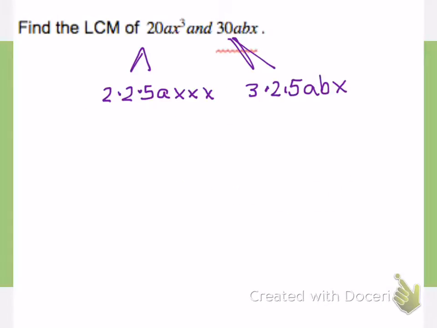So for finding the LCM of those 2 monomials, again, we want to start with our factor tree. I've just copied that over from the previous problem, since of course the factor tree would be the same. But then for LCM, remember, we want all the building blocks of each.